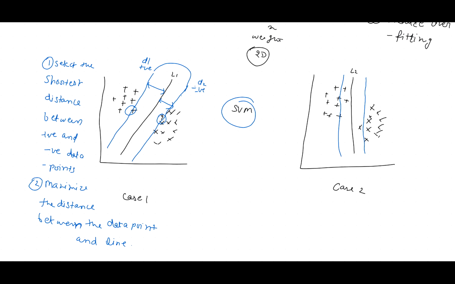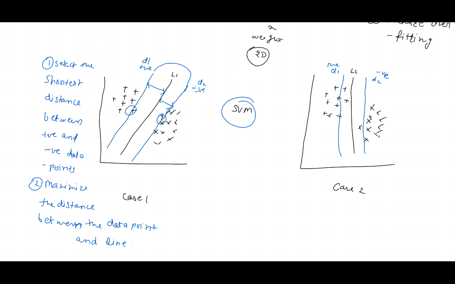And here if you look at this, the distance can be shortest, but in this case the distance between the line and this one, we can take it D1 positive, this one is negative, D2. Here the distance is very short because it is covering many data points between your line and this plane too.